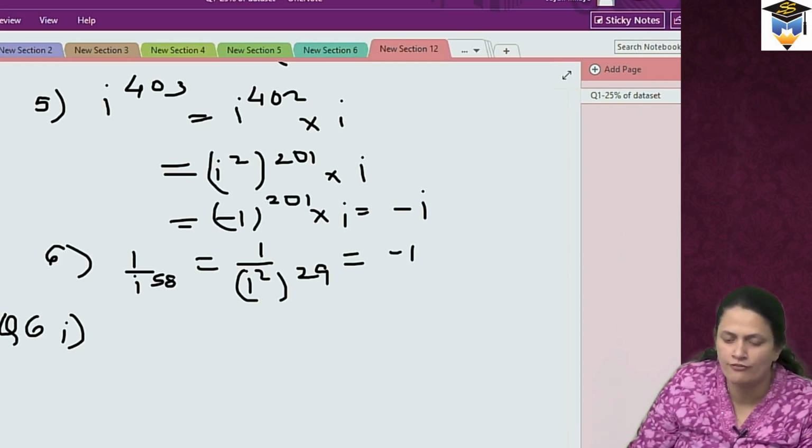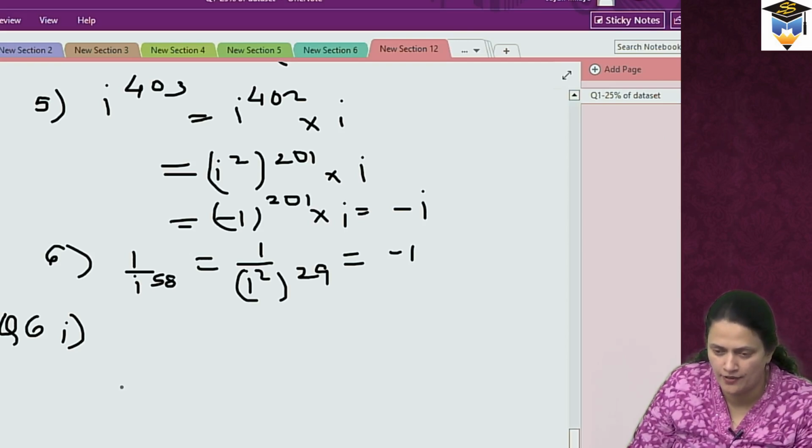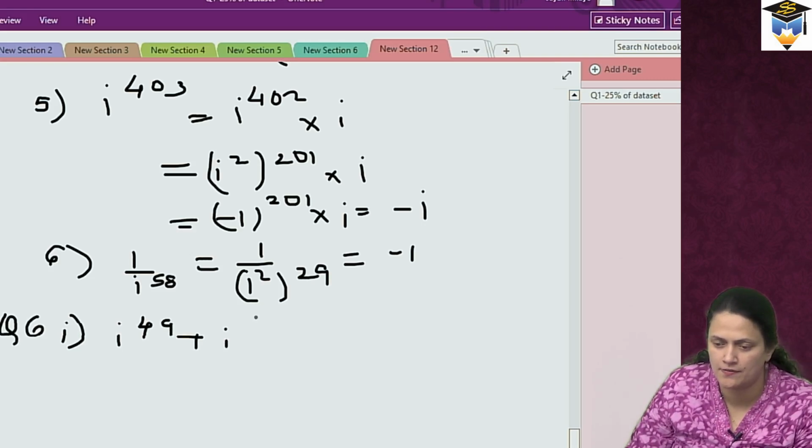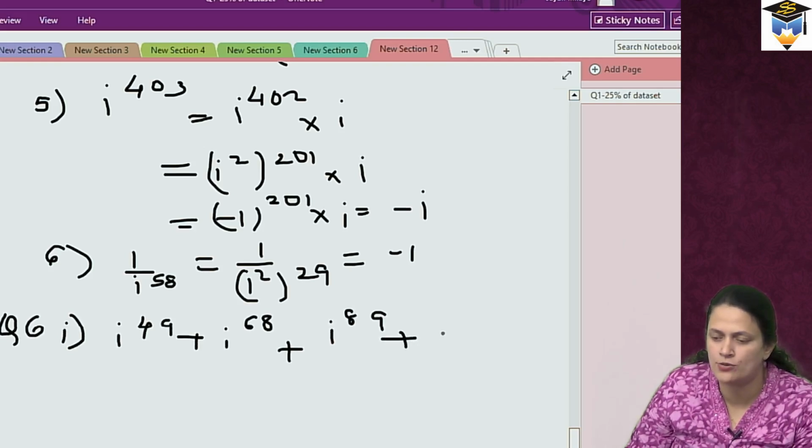Find the value of i raised to 49 plus i raised to 68 plus i raised to 89 plus i raised to 110. This is the question.